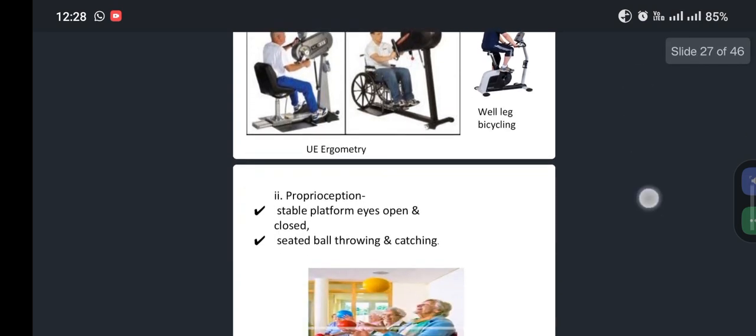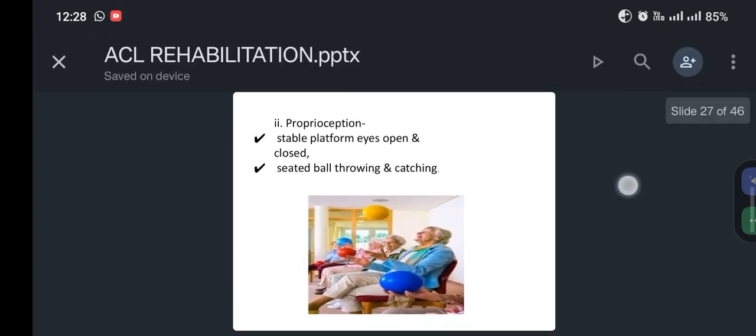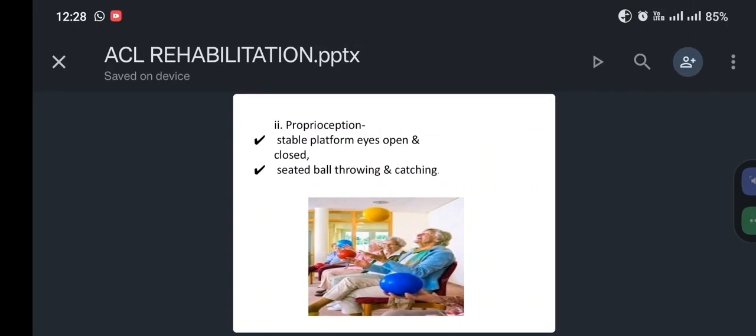The second intervention will be proprioception. For this, the activity includes a stable platform, eyes open and closed, where the patient has to stand with eyes open and closed. The second activity to improve proprioception is seated ball throwing and catching on a stable platform.